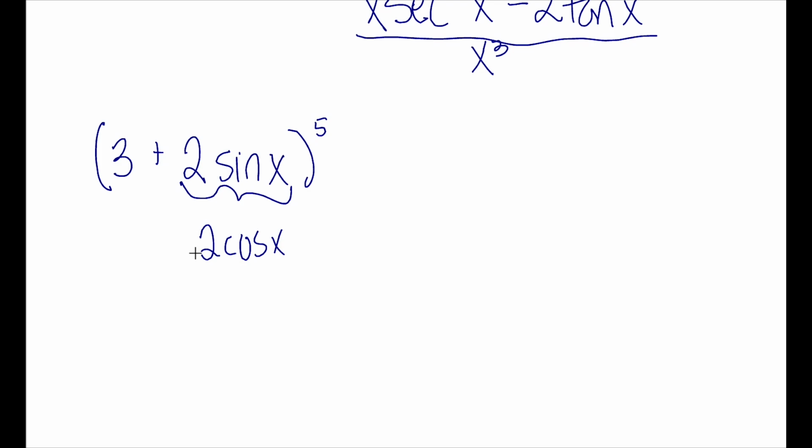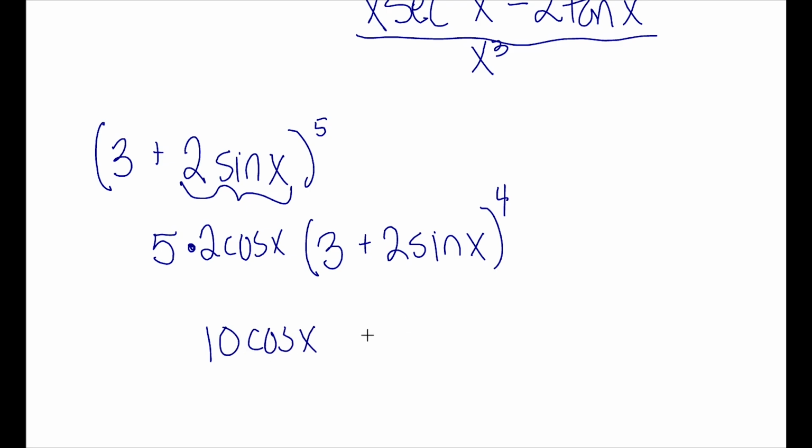So we'll multiply the derivative of the inside times the exponent, then multiply that by what's in our parentheses, and subtract 1 from the exponent. So our answer here, 10 cosine x times 3 plus 2 sine x to the power of 3.